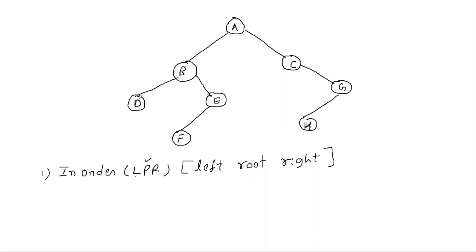So you got D. Does D have any other subtree? No. So write D. After writing D, what did I say? LPR. D is the left side, next the parent. For D, the parent is B. Write B.